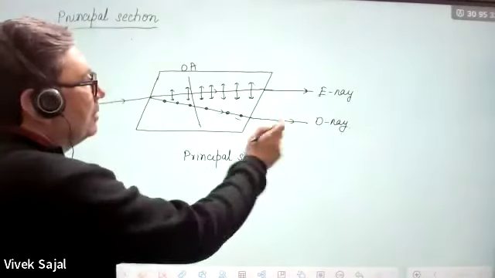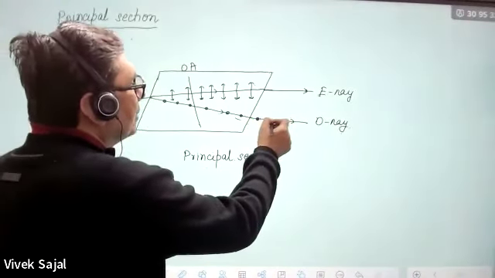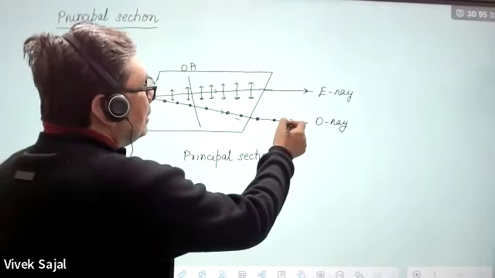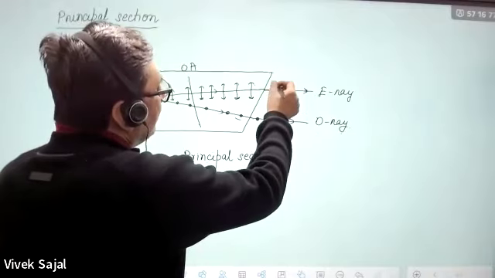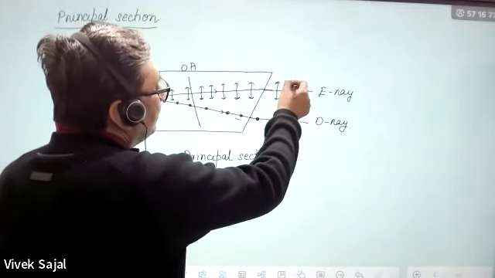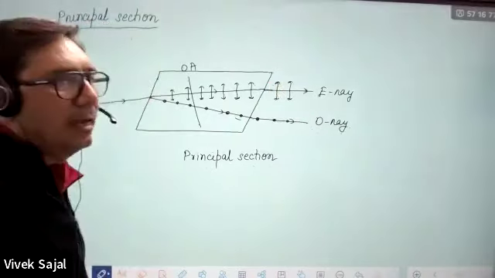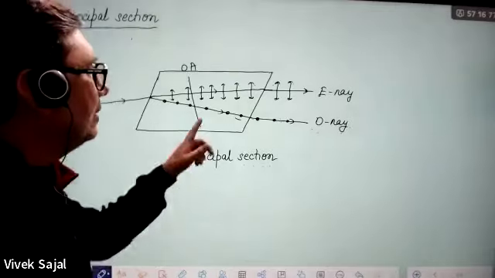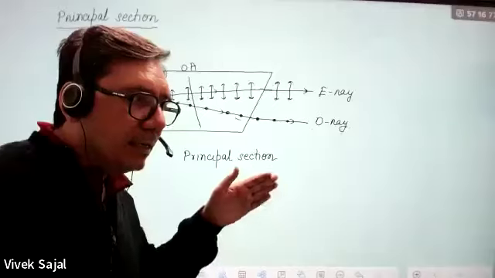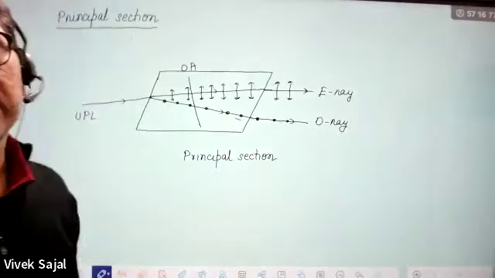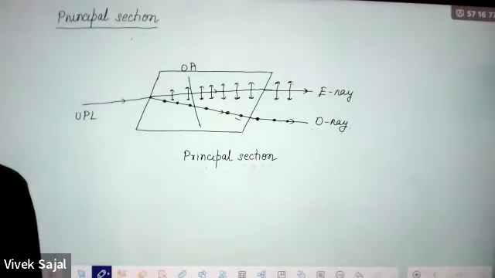Here I am considering this board as the principal section. In ordinary light, electric vectors are perpendicular to the principal section, and in extraordinary light, they are parallel to it.